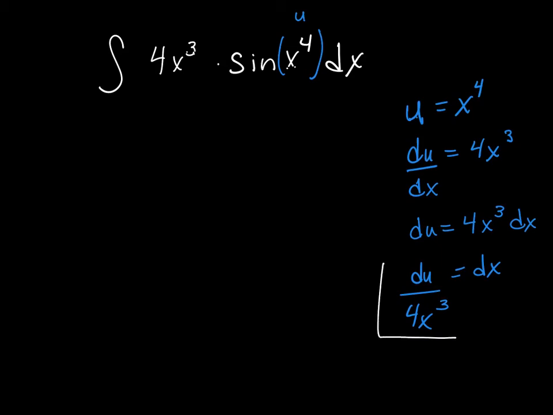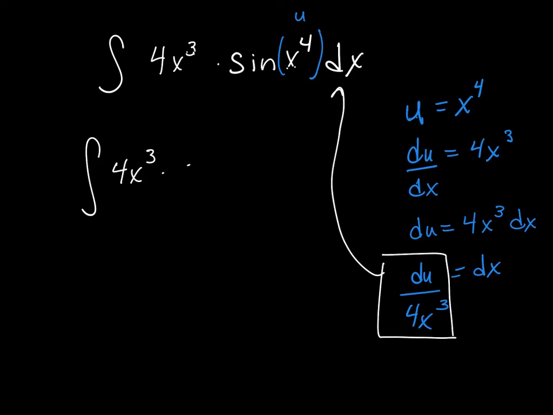Then you're just taking all of this, putting it in for dx. I'm going to make that the sine of u right now, and replace dx with du over 4x to the third.